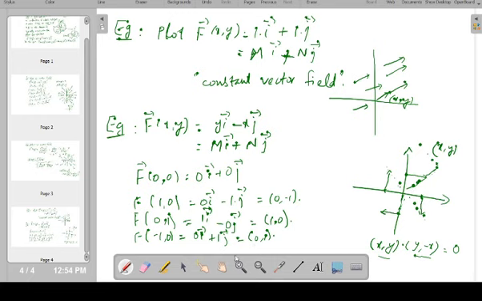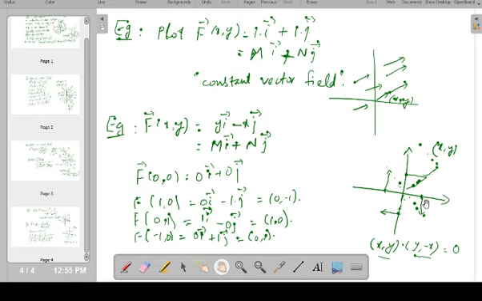Another possibility is this output vector, and these two are also orthogonal. So which one? I have to take this one or this one. But from our experience, I have to take this one because it is a clockwise rotation. So I have to translate that output vector to this point. That will be the plotting of the vector field.